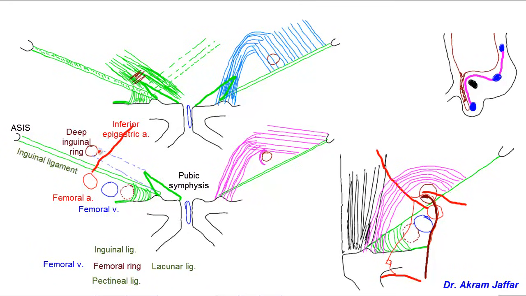An indirect inguinal hernia that is predisposed by a patent processus vaginalis passes through the deep inguinal ring. So the neck of the hernia is in fact located lateral to the inferior epigastric artery.